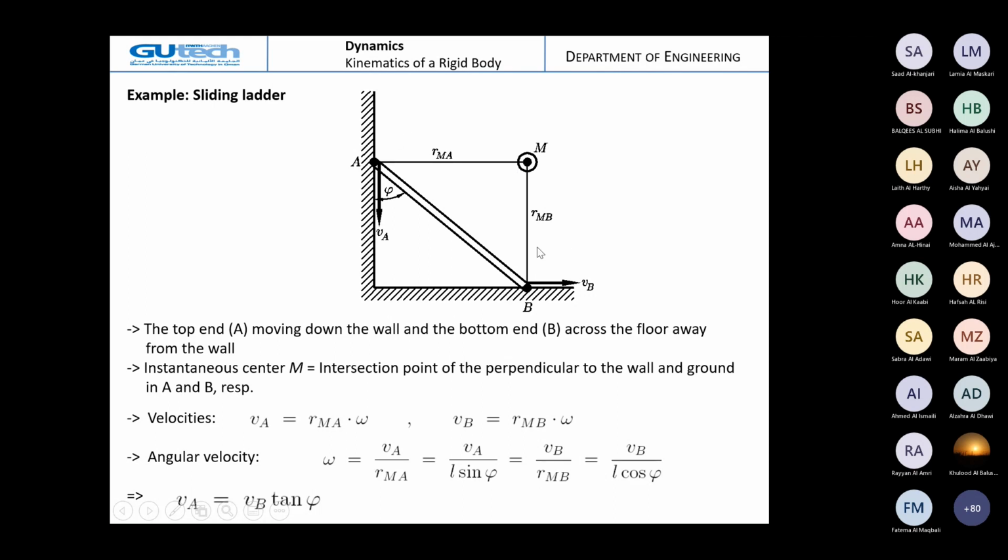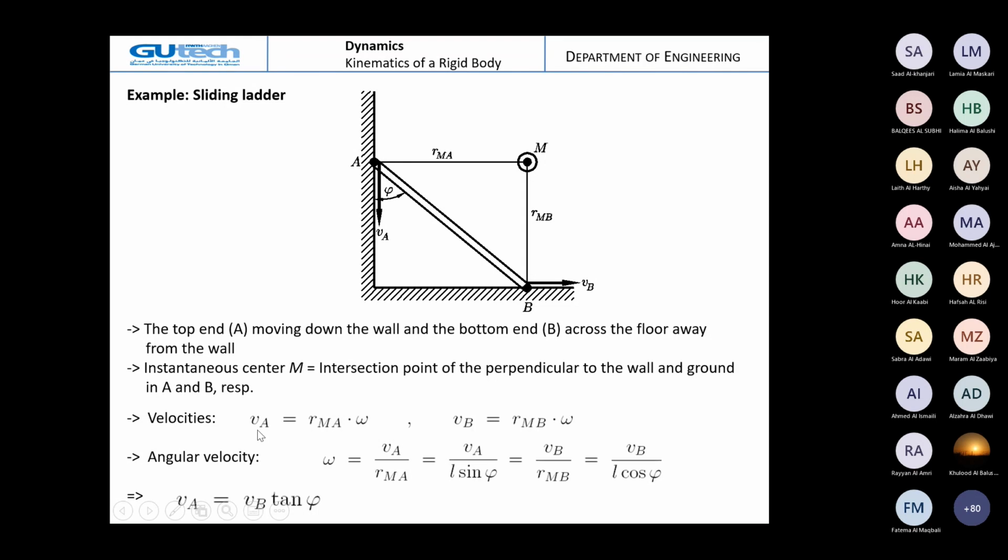The ladder will rotate with a certain velocity omega, so each point here is rotating, okay? And in our case, omega will be the phi dot, not the angle phi, but the angular velocity phi dot.